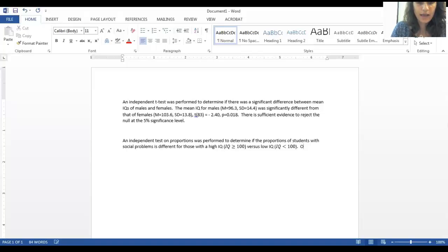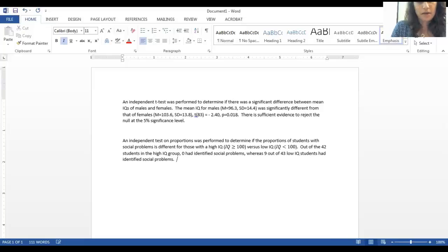Okay, so out of the 42 students in the high IQ group, 0 had identified social problems, whereas 9 out of 43 low IQ students had identified social problems.